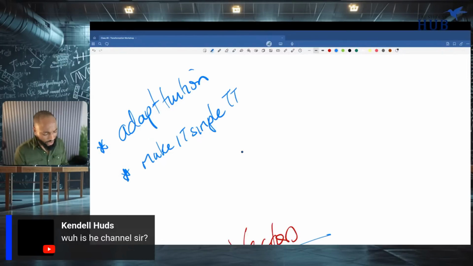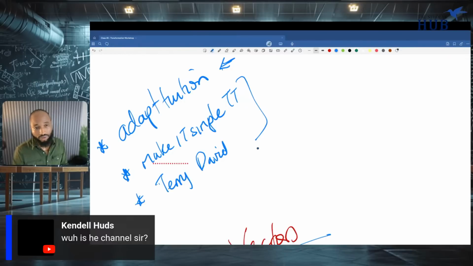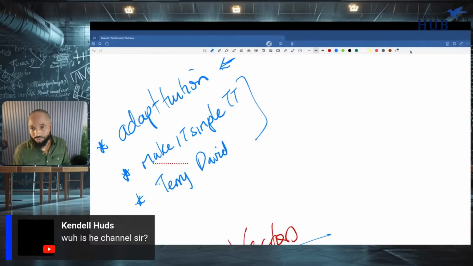I'm not leaving out somebody. Mr. Terry David, he knows things too. All of them have different styles. Chris is more like my kind of style, talkative and charismatic. These guys are a little more serious, but it's good stuff. It depends on what learning style you like.